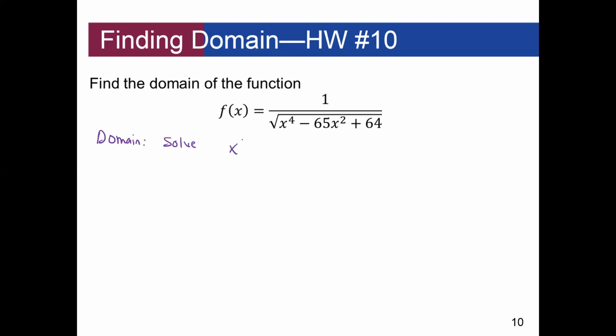The inequality is x to the 4th minus 65x to the 2nd plus 64 should be greater than 0. We cannot include 0. It should be greater than 0. So then we have to factor, going through all the steps that we have. Step 1 says move all to one side.